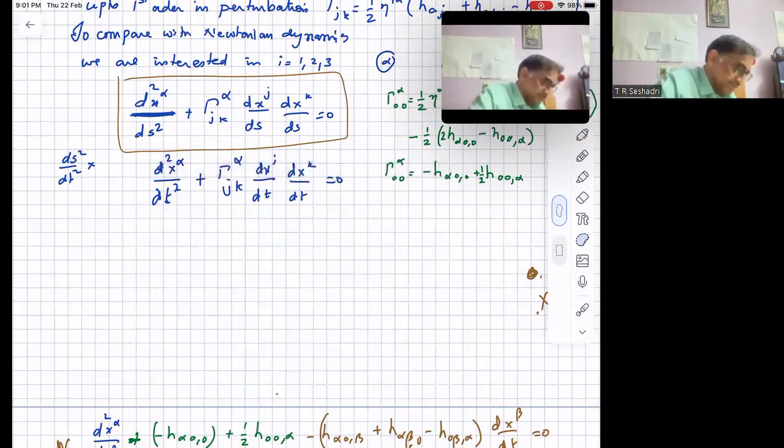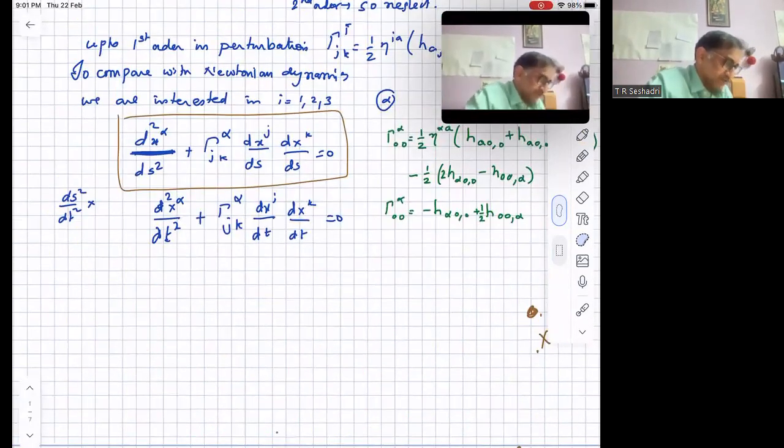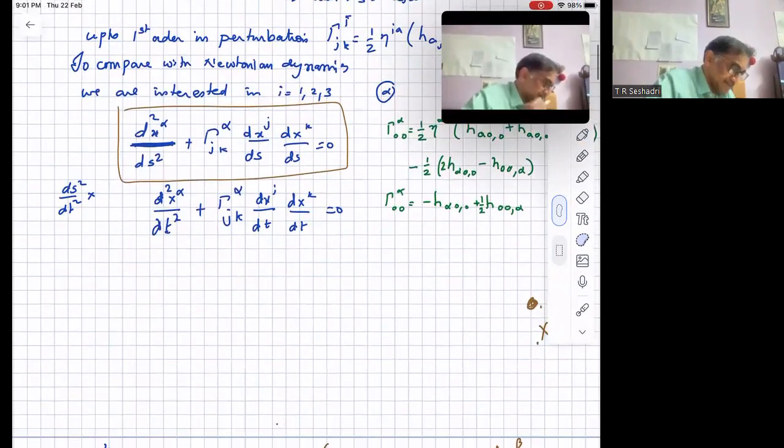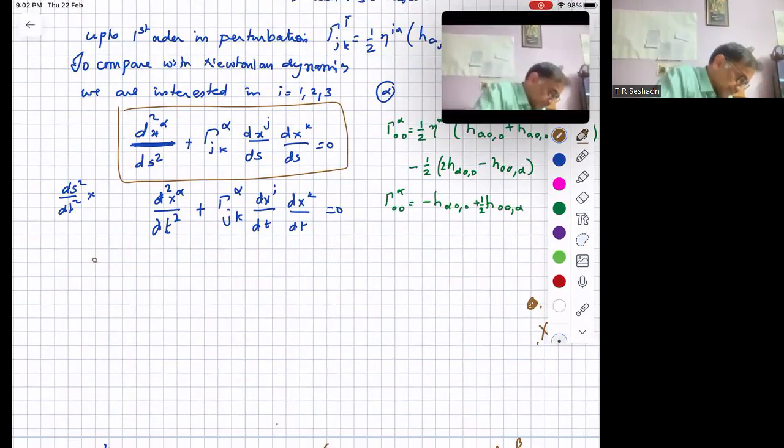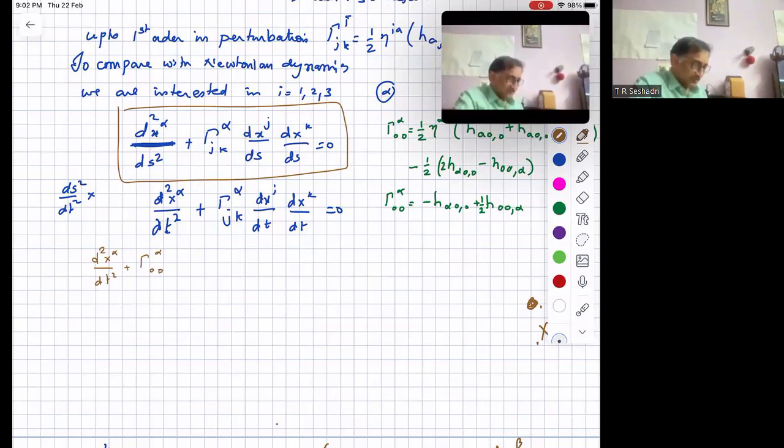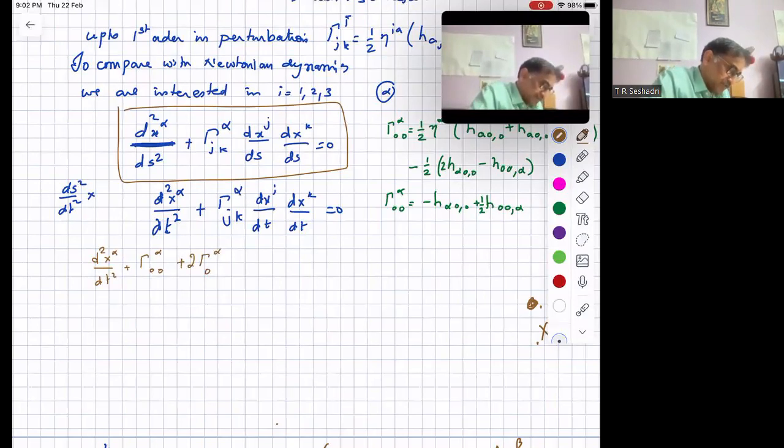Let me remove this. Okay, so till here it was okay. Now the only thing which was required was, this can be written as d2x alpha by dt square plus there will be three types of terms: gamma alpha 0 0 and dx 0 by dt is 1, plus twice gamma alpha 0 beta dx beta by dt.